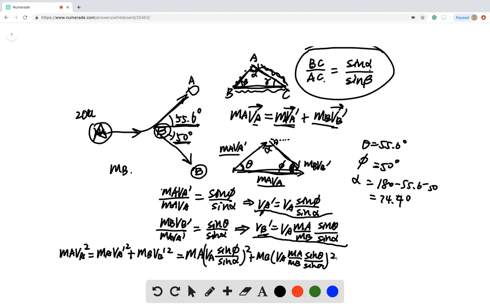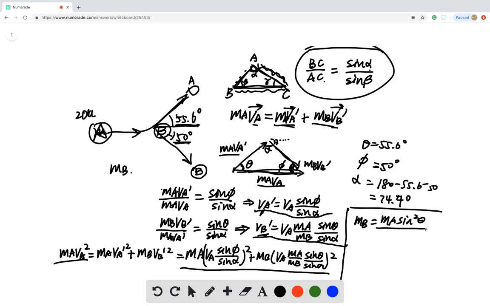In this equation everything is known except mB. So we can rearrange this equation so that we have mB on the left-hand side and everything else on the right-hand side. With a little rearrangement, since I'm running out of space, I just write the result here: mB equals mA sine squared theta over sine squared alpha minus sine squared phi. If you do a careful rearrangement of this equation, you should get the same expression.